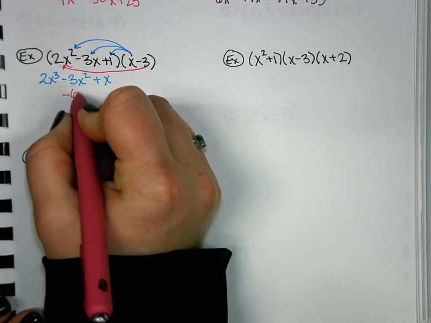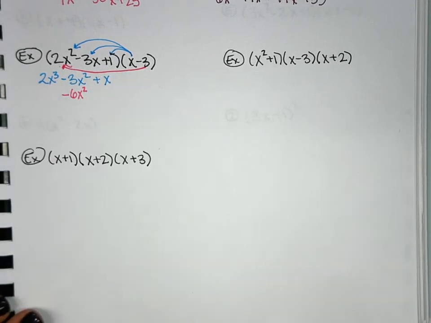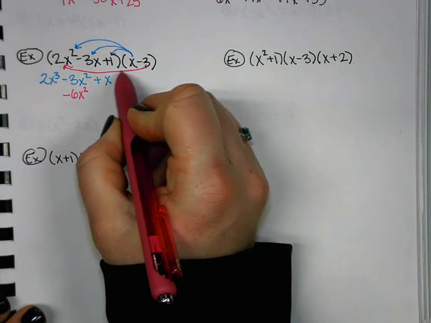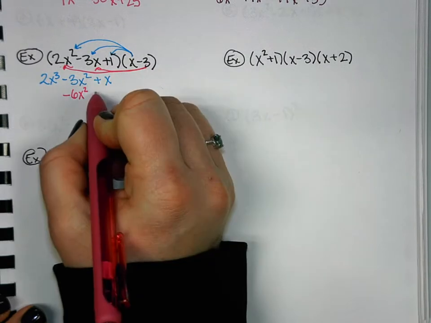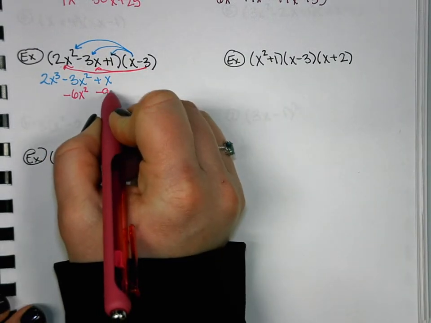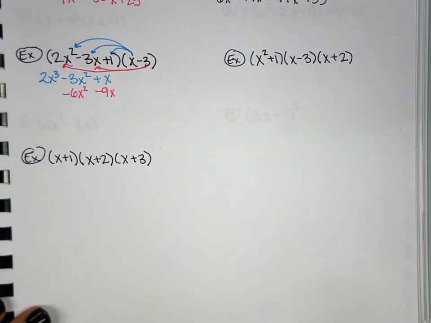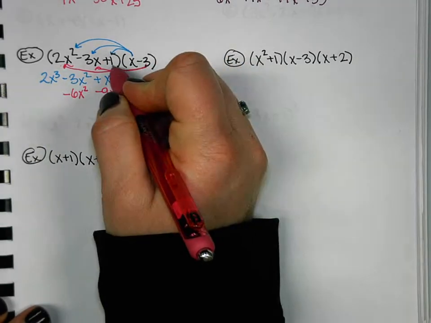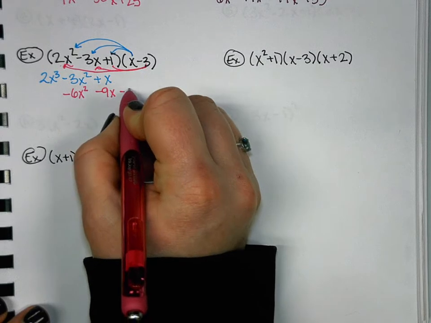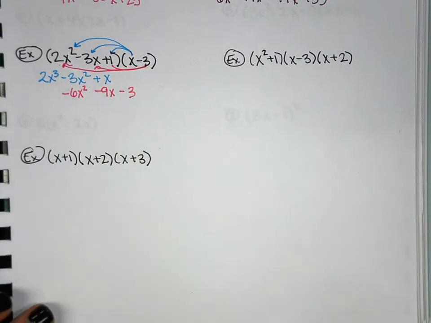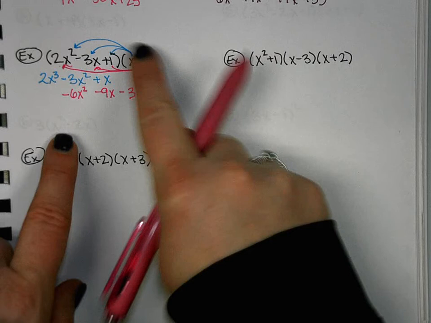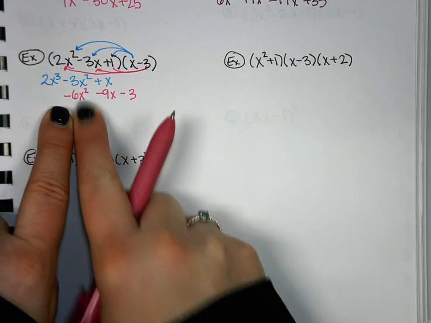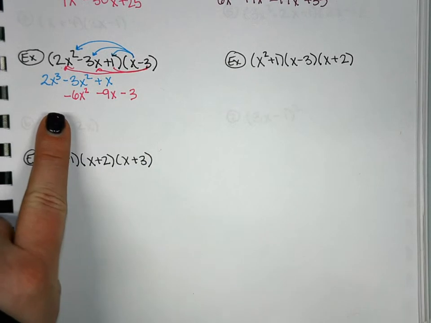So I'm going to line that up vertically underneath my x squared. Negative 3 times negative 3x, negative 9x. I line that up under my other x. And then lastly, negative 3 times 1 is negative 3. So to be able to do it vertically, you just write out your first one. Your second one, you just line it up under like terms so that you're just adding straight up and down.